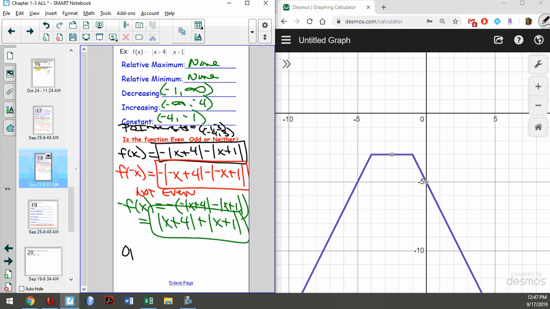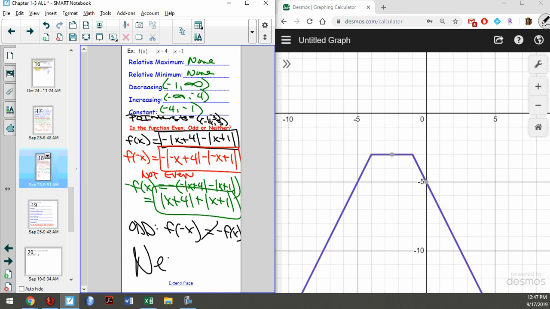Because to be odd, f at negative x, which is the red box, has to equal negative f of x, which is the green box. Do they equal each other? No, they do not. So that means this is a neither problem. This is a neither problem. Do we understand that? This is a neither problem. Are we good?